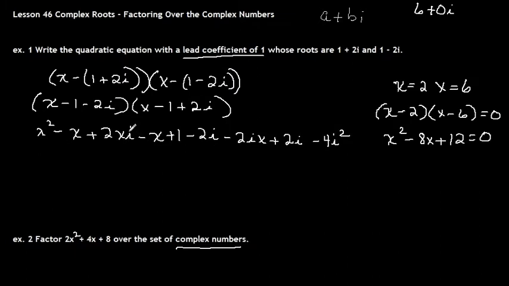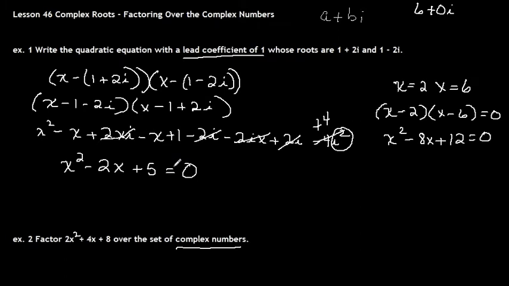And fortunately the 2i plus 2xi crosses out with the negative 2xi, the negative 2i and the positive 2i. i squared is negative 1, so this whole thing is going to be plus 4, and we just put it all together. X squared minus x minus x is minus 2x, plus 1 plus 4 is 5, equals 0, and we have our quadratic equation. If we put this in the quadratic formula, it's not factorable over the real numbers, we're going to get our answers as 1 plus 2i and 1 minus 2i.